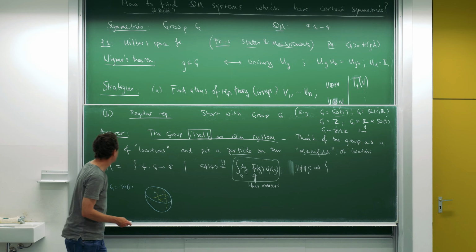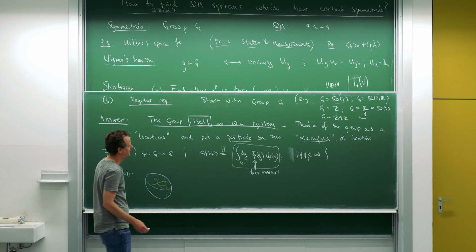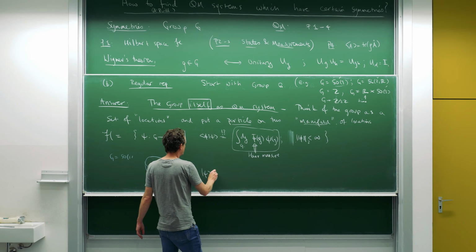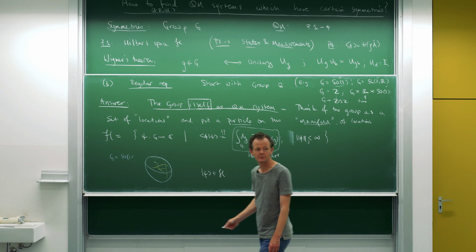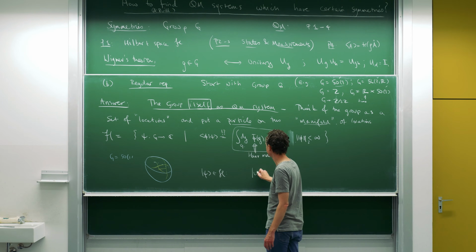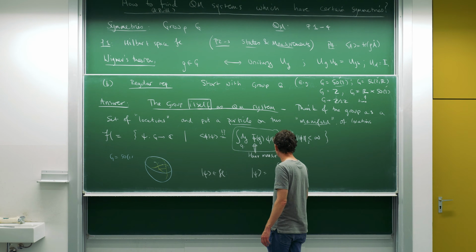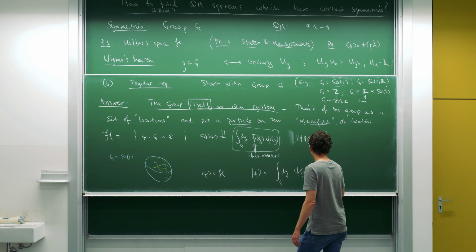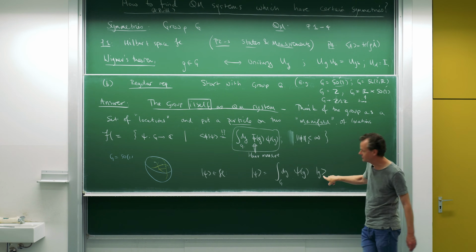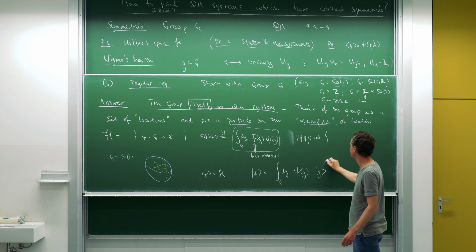And so then the states of this quantum mechanical system, you think of them as just superpositions of all the elements of the group. And this is a position eigenket, right?